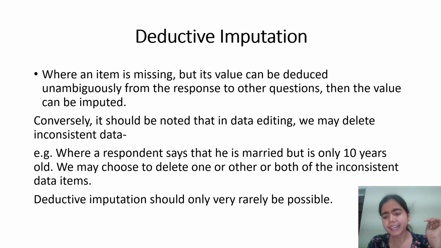It's not completely impossible but it's rare, one or two cases are there, rarest of the rare. No one nowadays marries at the age of 10. No one's parents allow it; they send them to school. So that comes under deductive imputation. On the basis of our own common sense we can remove that result or that answer. So that comes under deductive imputation.